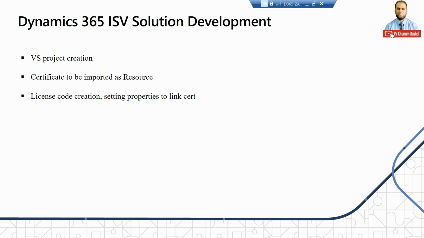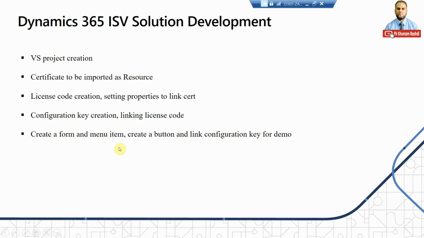In that license code we will link up the resource, which is basically the certificate, and then configuration key creation is needed, in which we will link up the previous step, that is, the license code will be linked to the configuration key.